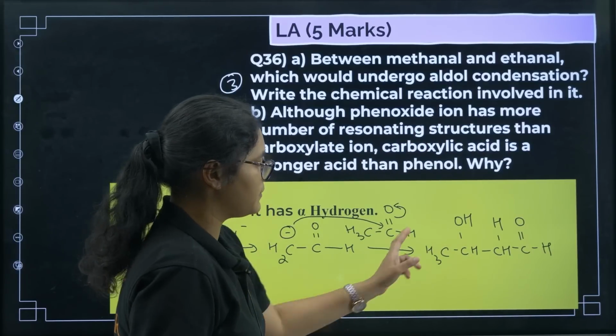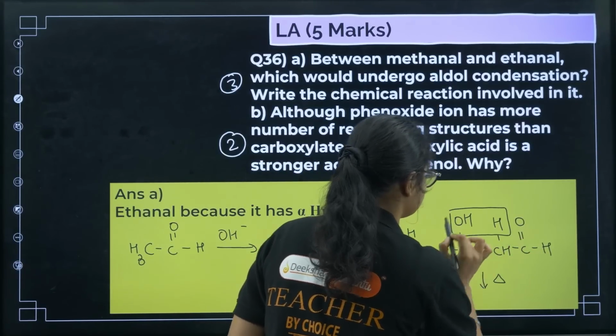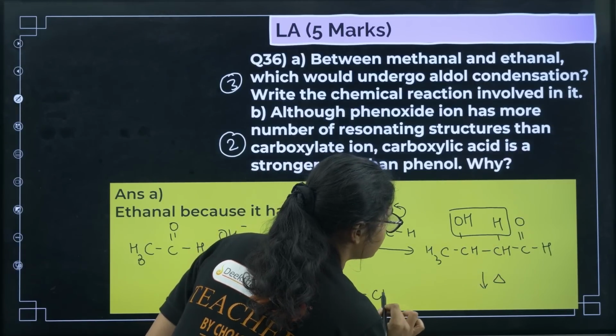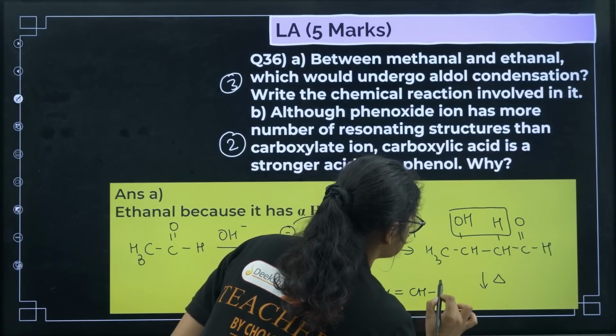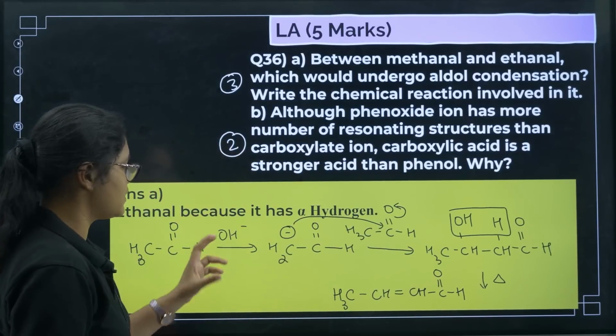Okay, now what will happen? There will be dehydration, OH and H will be removed, and here I will get CH3 CH double bond CH CHO.